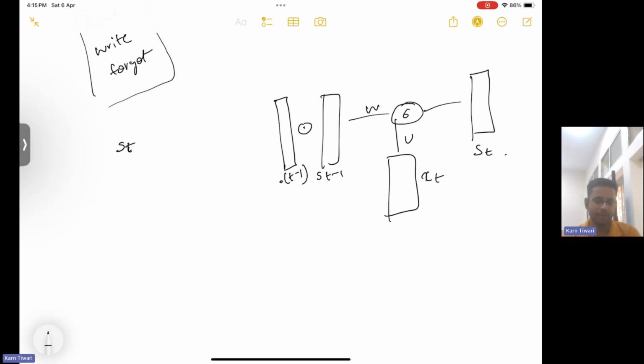For example, if you are writing an exam, you might have mugged up the whole book, but when you see the questions, you forget the unnecessary things you were remembering again and again. We don't need all the information to predict the next time step. So we are doing this with the gating mechanism.